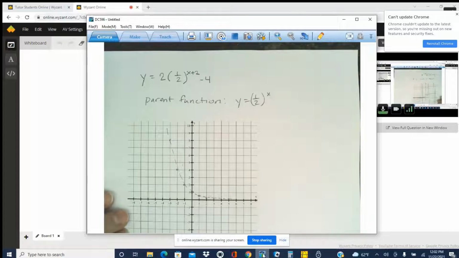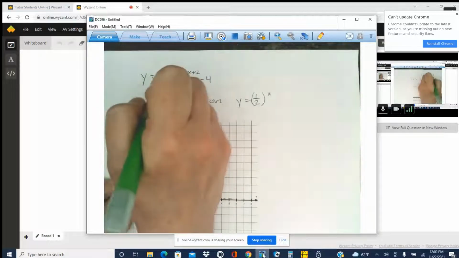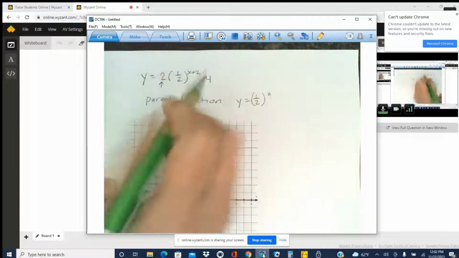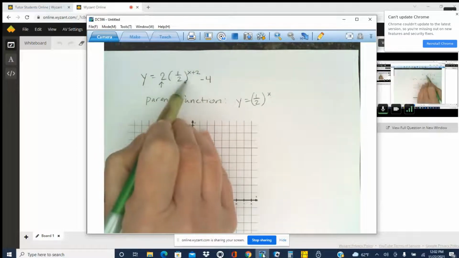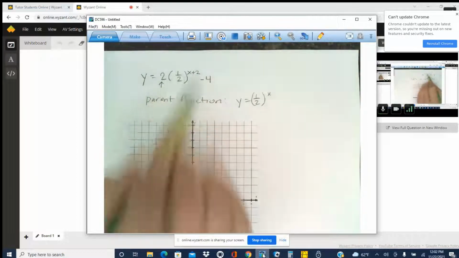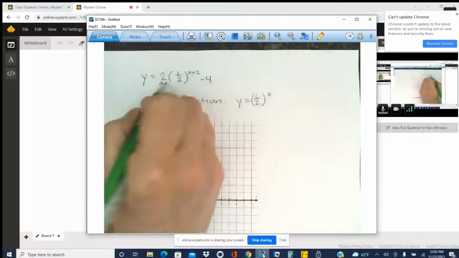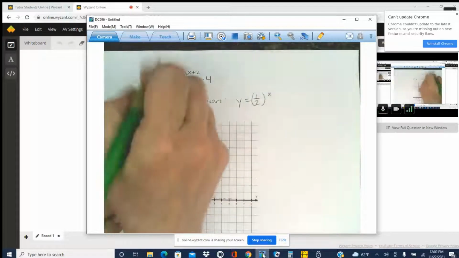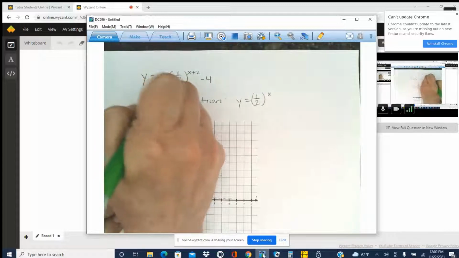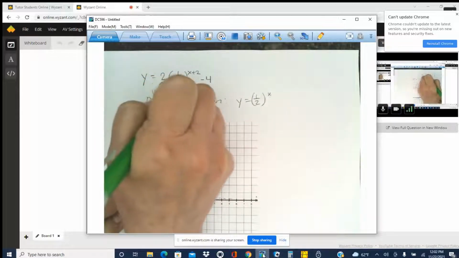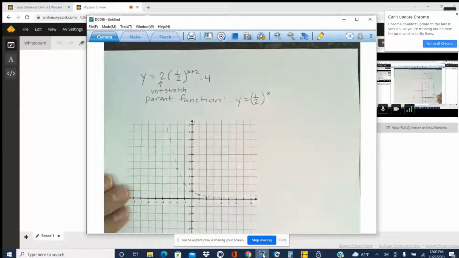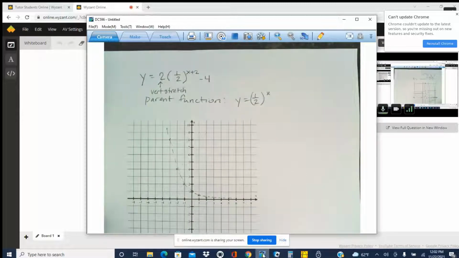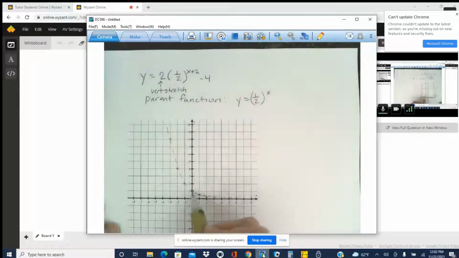So what transformations have been done? This coefficient, whenever we're multiplying our parent function outside of the function, is going to be a vertical shrink or stretch. In this case, because 2 is bigger than 1, that's a vertical stretch. And what that means is every y value gets multiplied by 2. So this y-intercept gets multiplied by 2 and it ends up there.